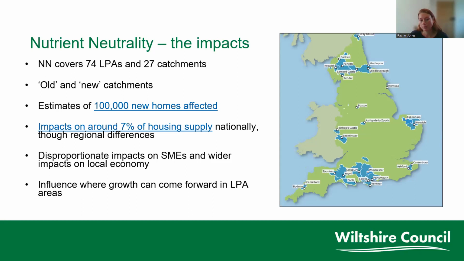That also has wider impacts on the local economy in terms of construction work, etc. For some authorities, nutrient neutrality has also influenced where growth can come forward within their areas. If there has been a moratorium on planning applications in part of the local authority area, then speculative development has come forward in other areas, and that can cause problems for local authorities.